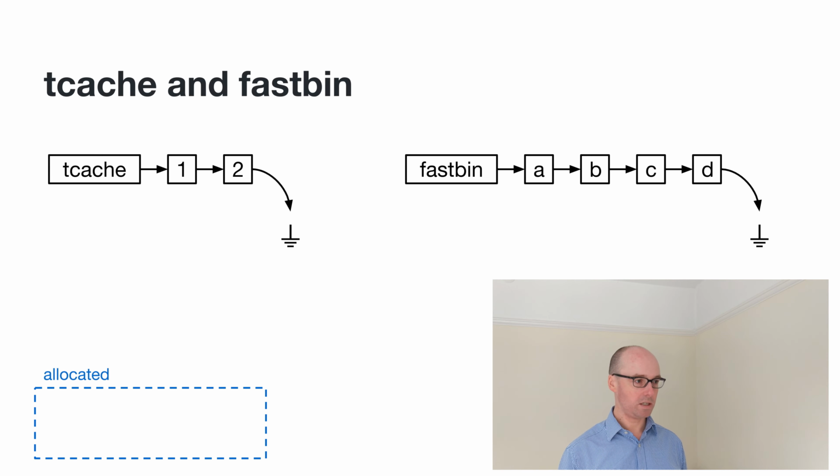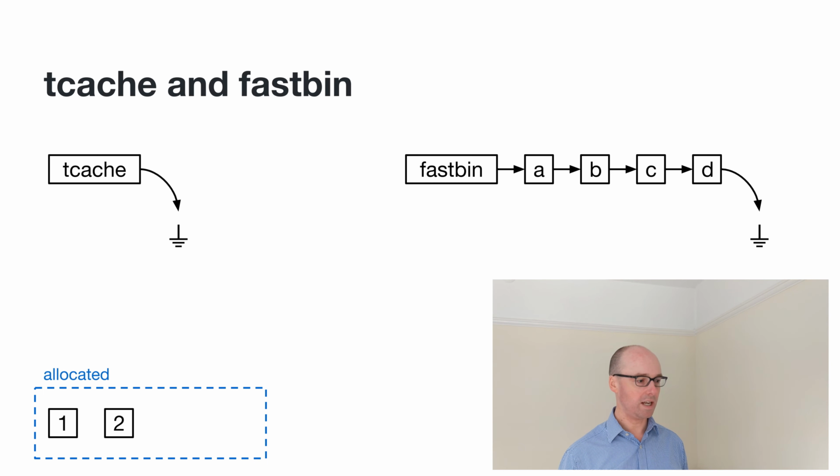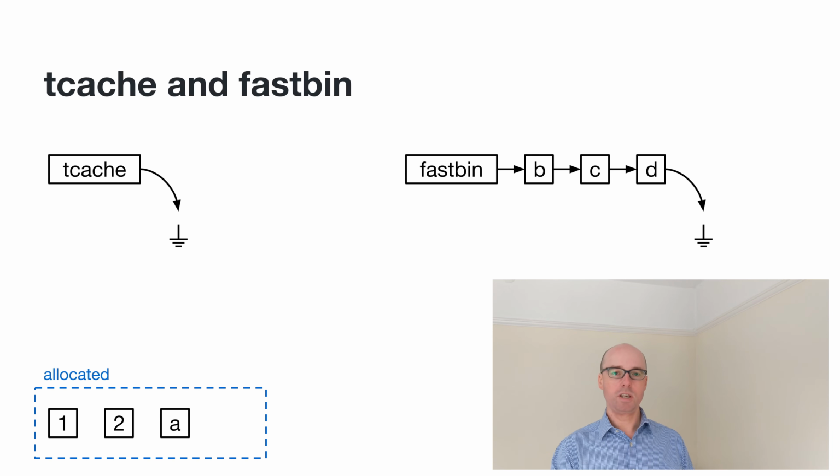Okay, so if we ask for a chunk, then it takes it out of the tcache first. And it will do that until the tcache is empty. So allocate again comes from the tcache. Now, if we ask for another chunk to be allocated, then it comes from the fastbin because the tcache is empty. But then it doesn't just give you back a chunk from the fastbin.